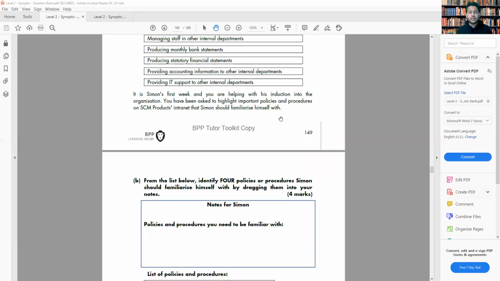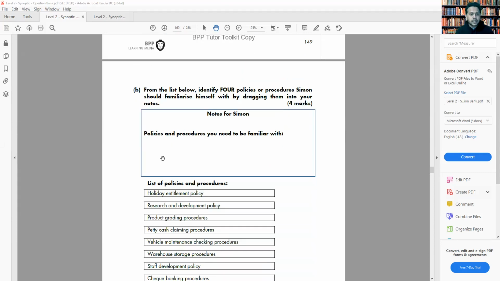Obviously, the day you give the induction to the new employee, you explain everything, and after that you want to focus on this. The company has a policy to make sure that person will be familiar with the intranet that the company wants him to be familiar with.